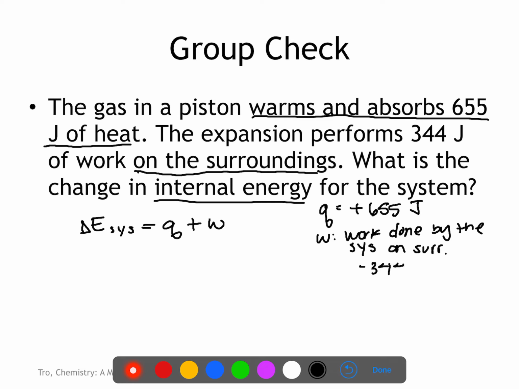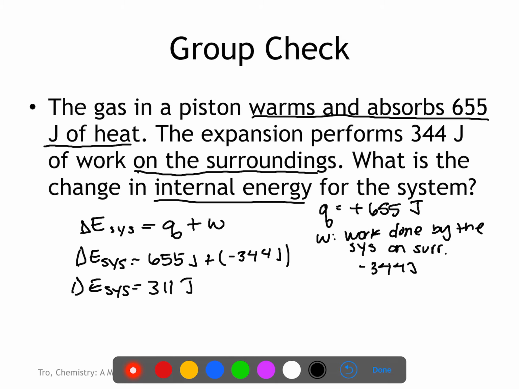Therefore, it's negative 344 joules because it's done on the surroundings by the system. So then you would plug in 655 joules plus negative 344 joules, which gives you that the internal energy of the system is 311 joules.